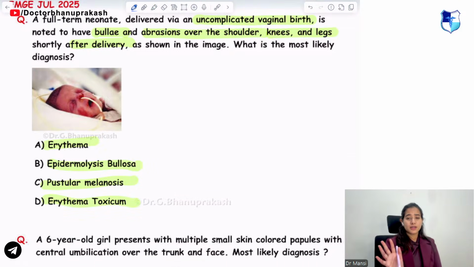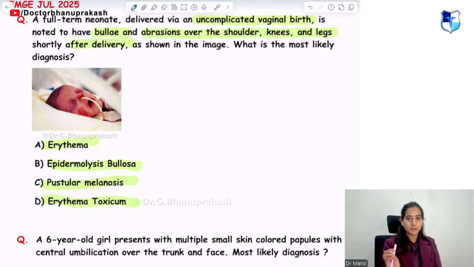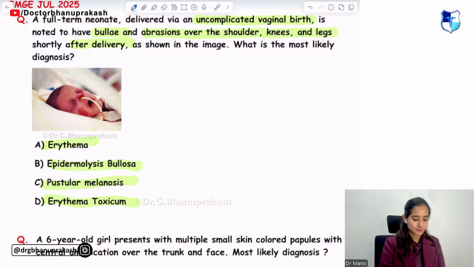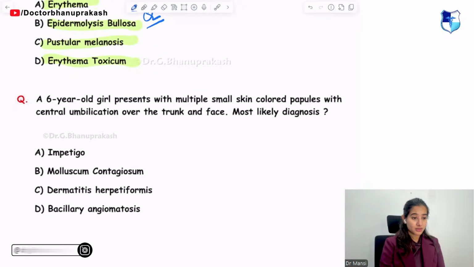Most of the conditions we have already covered in the session. If anything is left, you just have to pop it with your previous year questions, because they take up previous year topics only. So it is epidermolysis bullosa. We move to the next question now.